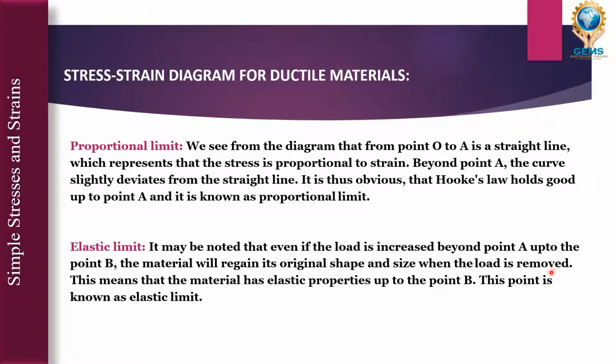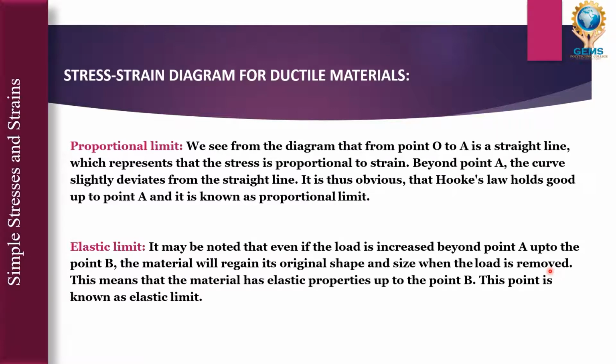What is elasticity? Elasticity means if we are applying any load on a particular object or material, the object will deform in length, but once we remove the load, that material will regain its original shape and size.